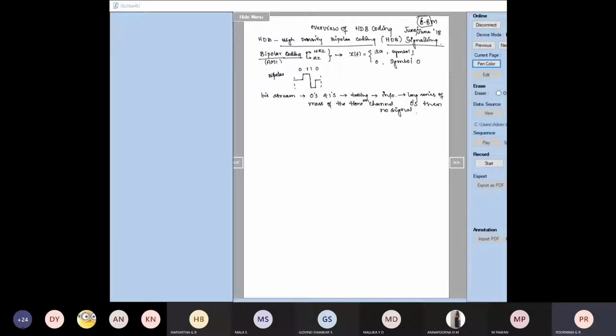When there is a series of zeros, suppose it may be 4 or 10 or 12, the information you are going to transmit after the binary conversion sometimes may have a sequence of zeros. When this sequence of zeros is transmitted over a channel, most of the time, even though there is a zero transmission, we'll feel that no signal is getting transmitted over the channel.